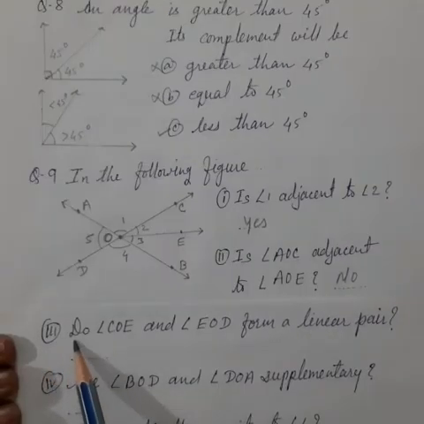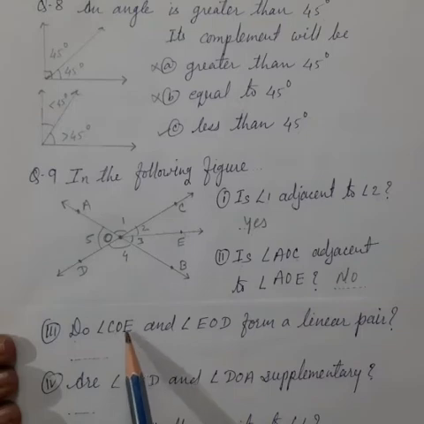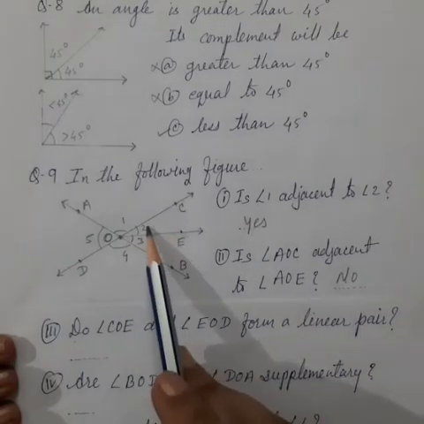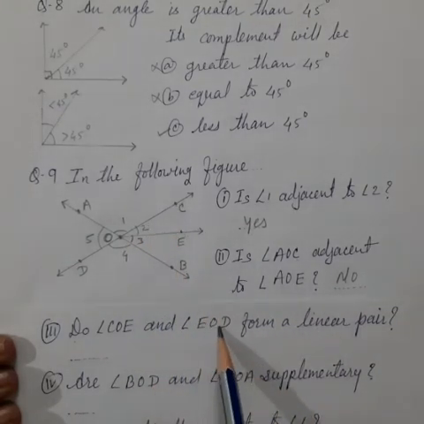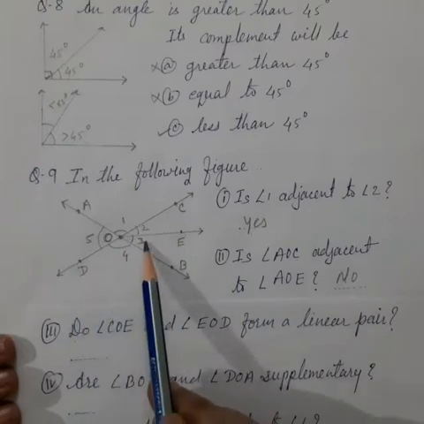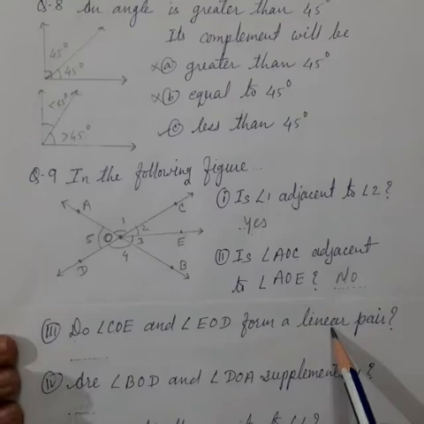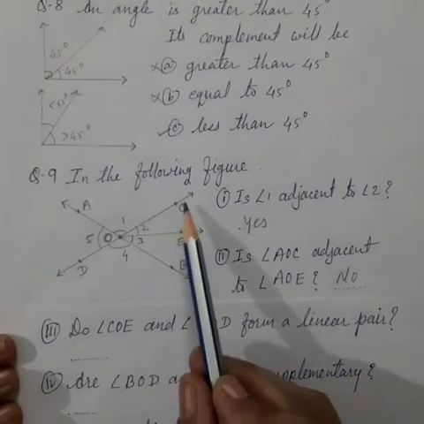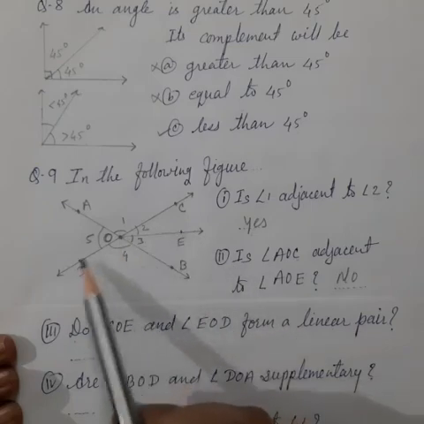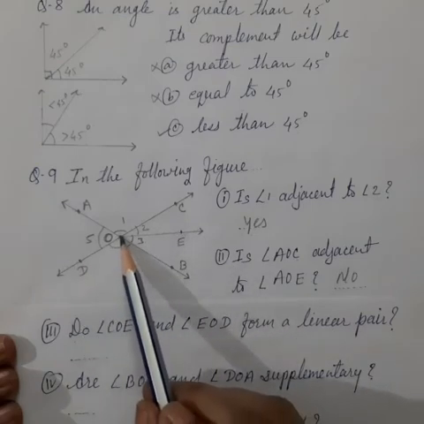Third part. Do angle COE, this angle 2, and EOD, 3 plus 4, form a linear pair? For a linear pair we want adjacent angles which are also supplementary. So let us see whether they are adjacent or not. COE and EOD. The vertex is common.